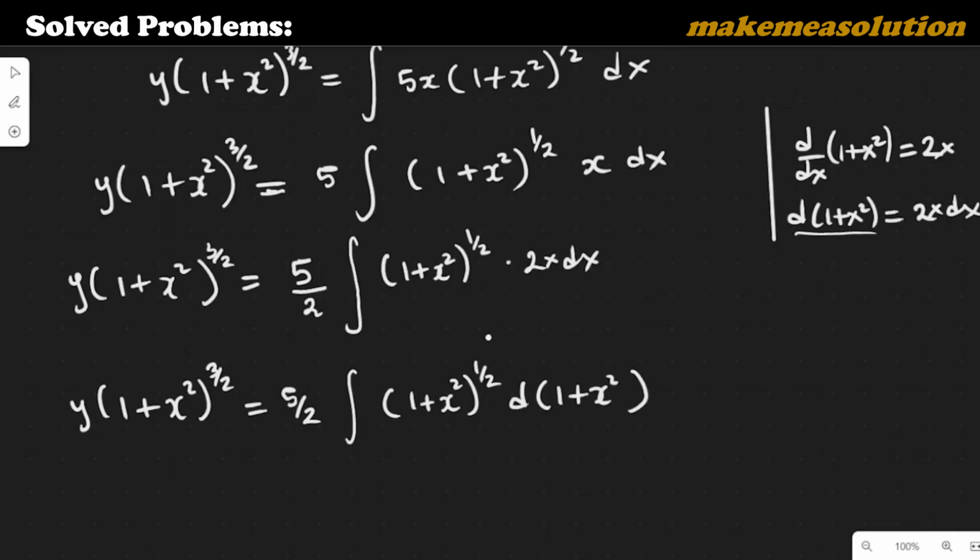Okay, so they are trying to tell me that the integral of something raised to the power of 1 over 2 d something, I just need to apply that rule, and I hope you remember the rule. What does the rule of integration say?